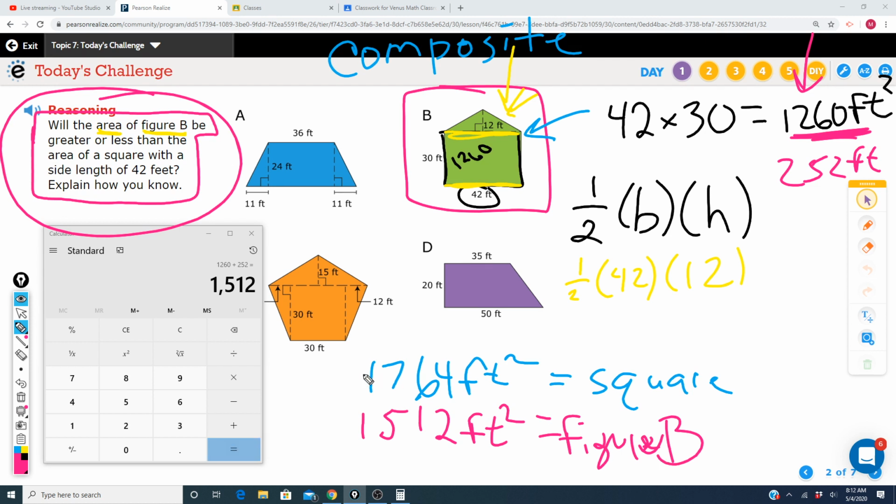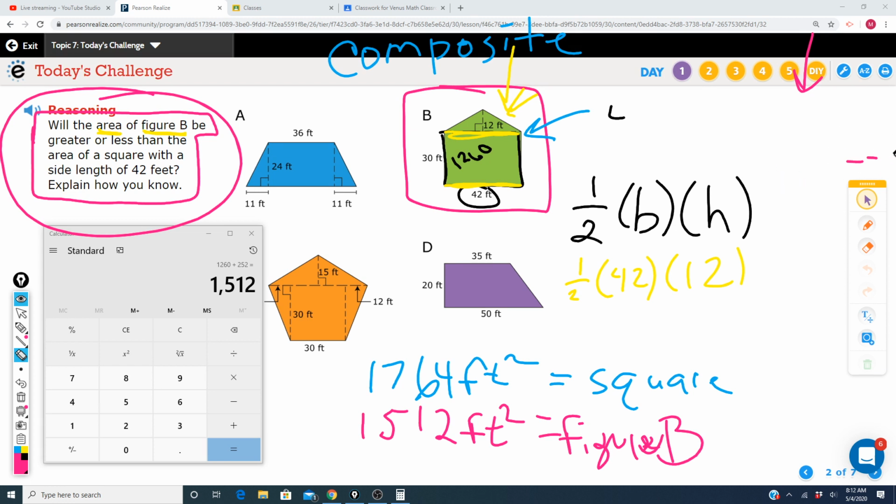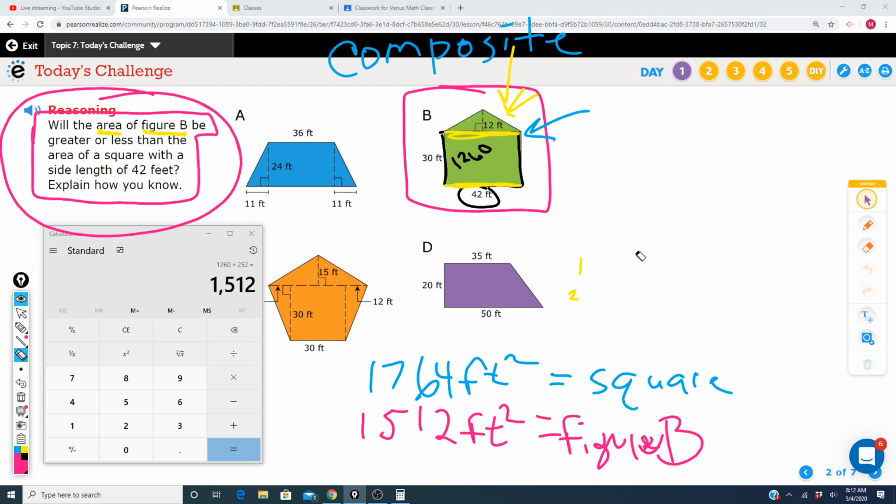In the grand scheme of things, is figure B greater or less than the area of a square with side lengths of 42 feet? Figure B is less than the square. All right.